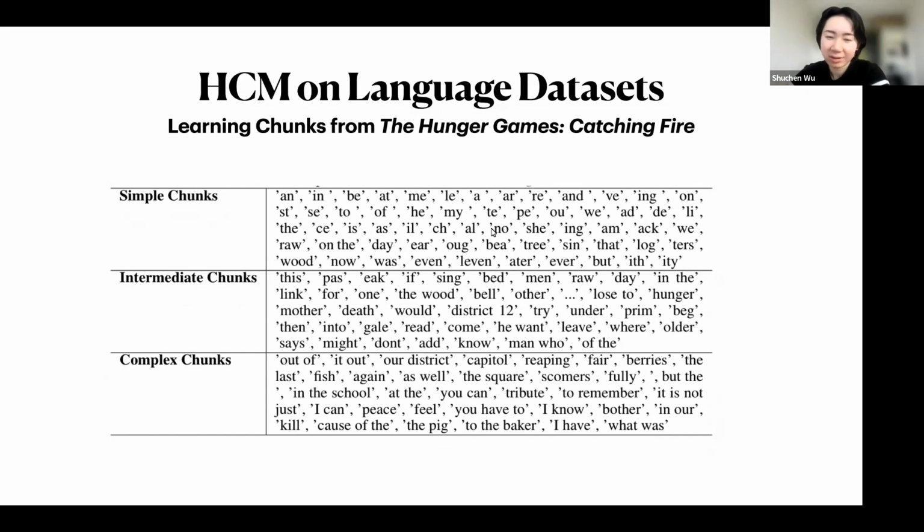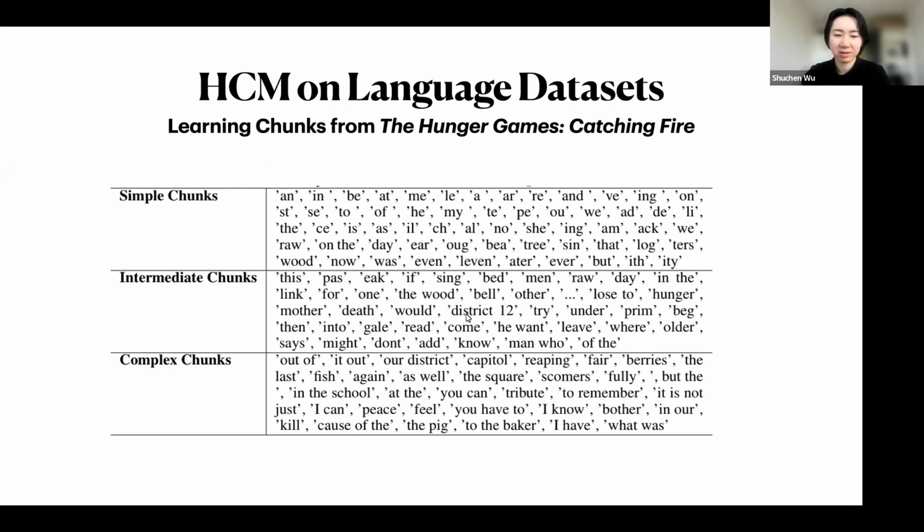At first it learns frequent word parts, such as prepositions and pronouns that occur quite frequently in text. Then gradually it builds up intermediate chunks that contain subunits, such as District 12, which occurs quite often in Hunger Games.